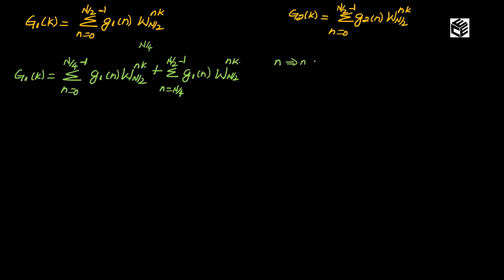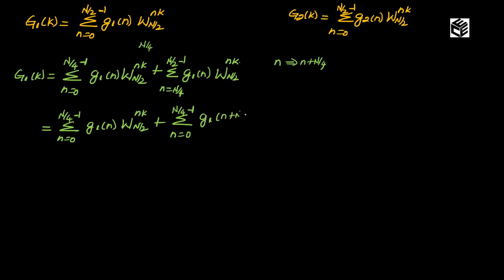Going to replace n as n plus N by 4. So my answer will be summation n equal to 0 to N by 4 minus 1, g1 of n, W N by 2 power nk, plus summation n equal to 0 to N by 4 minus 1, g1 of n plus N by 4 into W N by 2 power n plus N by 4 into k. Now this expression will become summation n equal to 0 to N by 4 minus 1.